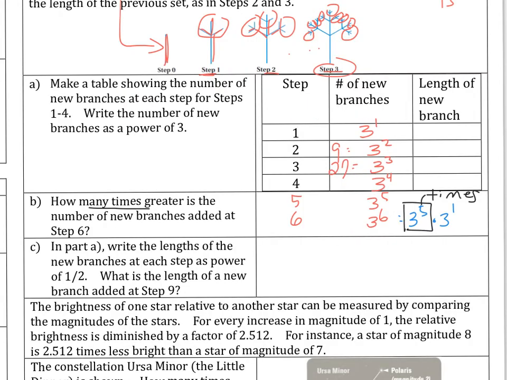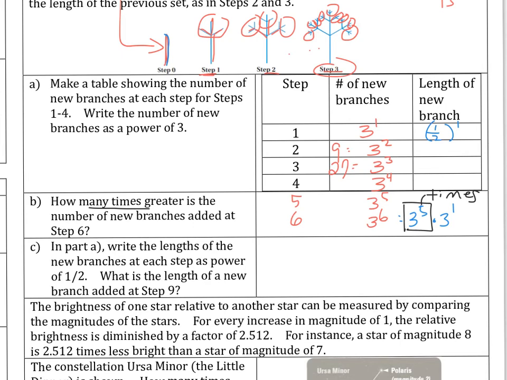In part A, write the lengths of the new branches at each step as a power of half. What is the length of the new branch added at step 9? So from step 1, the branch is half of the length of the trunk. So I'm going to write half to the first power.